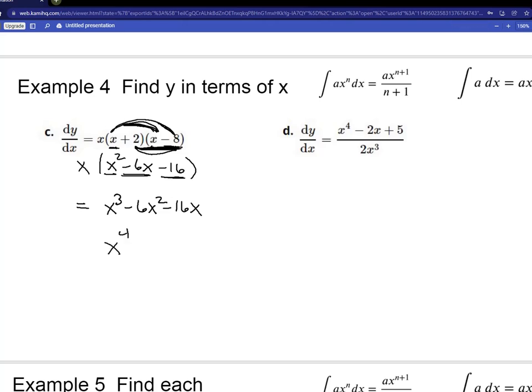You add 1. Then get 1/4 x to the power 4. And then add 1 to the power, divide, you get -2. Good. And then you write down the x, add 1, and then you get 8, minus 8x squared, and then plus c.